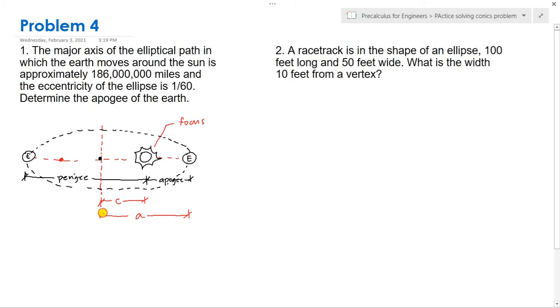Therefore our apogee is a minus c, and the perigee is a plus c. So this is an application to the motion of the planets.